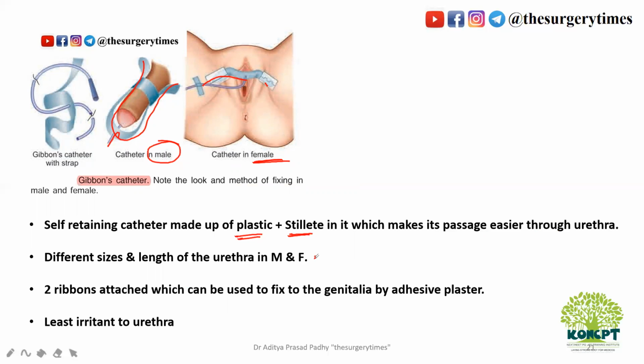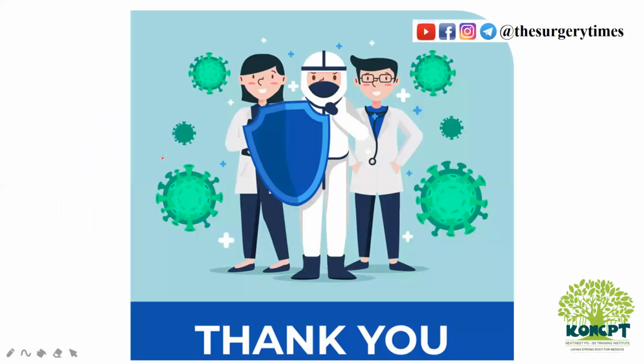There are different sizes for male and female, and two ribbons are attached in order to fix it by adhesive plaster, and it is less irritant to the urethra. The main advantage is that the catheter along with a strap is present in the Gibbon's catheter, in order to fix it with gum or adhesive plaster.